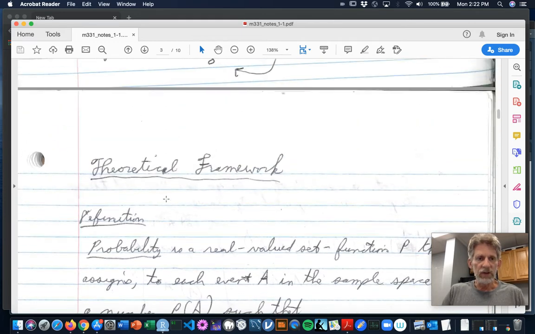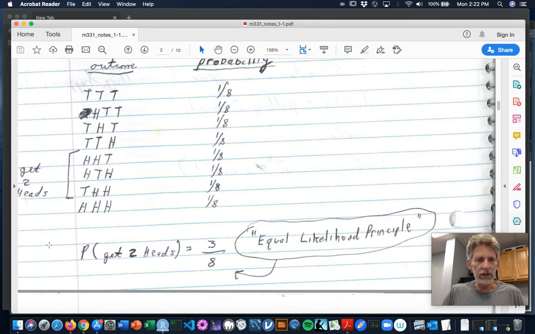And so this example that we had up here is the function P at work returning a number, 3/8, for this event, the get two heads event. But it's got another bazillion, 2 to the 8th minus 1 things to tell us about the probabilities for the other events.